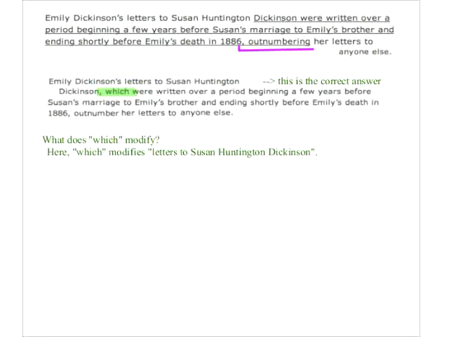So the lesson that you want to get here is, what we already know is that which may refer to just a noun, but it may also refer to the construction noun plus prepositional phrase.